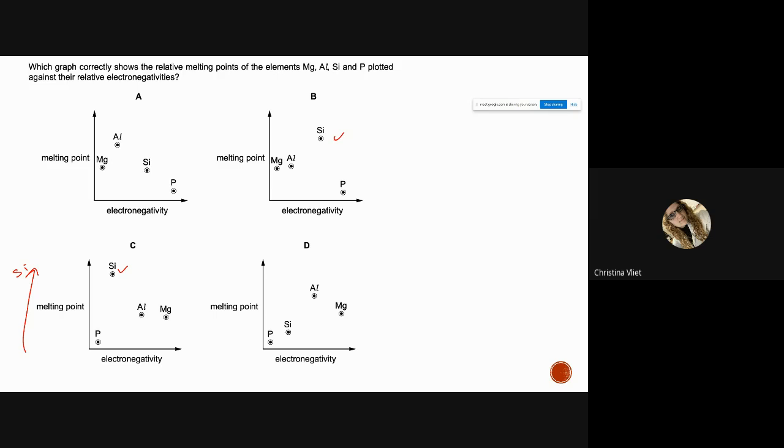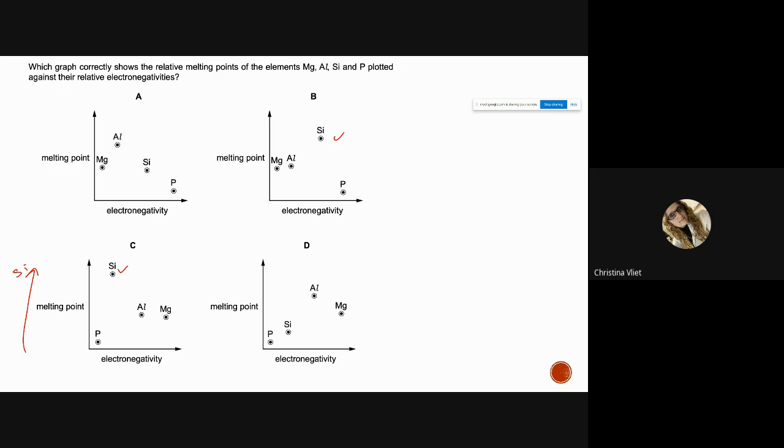So you should look at each trend individually first. Now look at electronegativity. What's the trend for that? And yes, I didn't put it in today's lesson, but I put it earlier this unit. What's the trend for electronegativity? It's like this, right? Fluorine's the highest electronegativity.